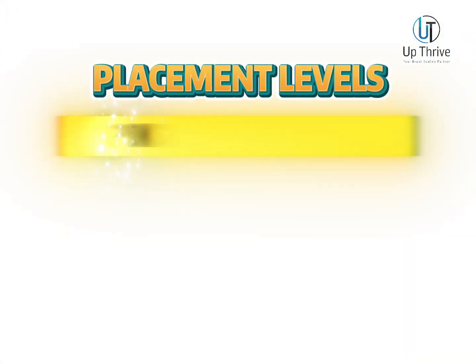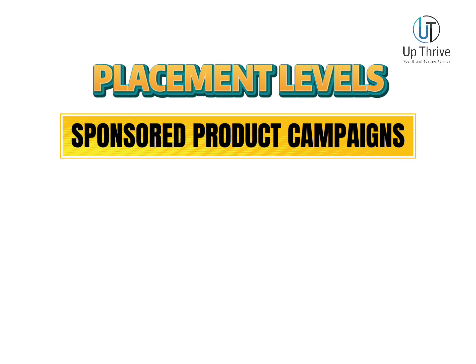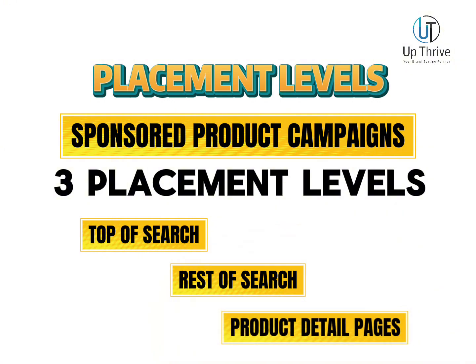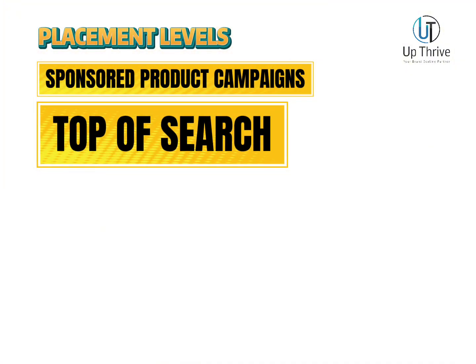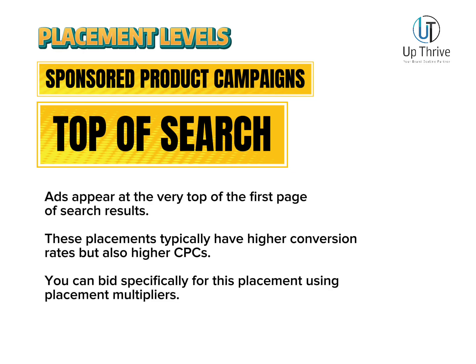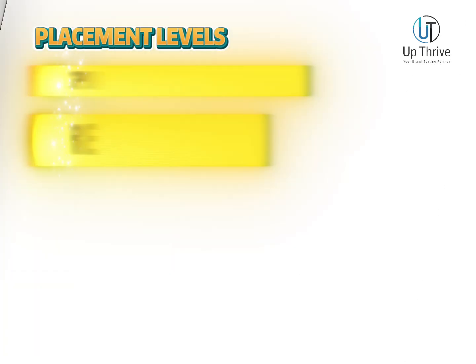Now besides match types, Amazon also gives us control at placement level. There are three types of placements in sponsored product campaigns: top of search placement, rest of search placement, and product pages. Top of search placements are the first 1 to 4 sponsored searches on page 1. These have high CPC but are best for ranking campaigns and have a higher conversion rate.